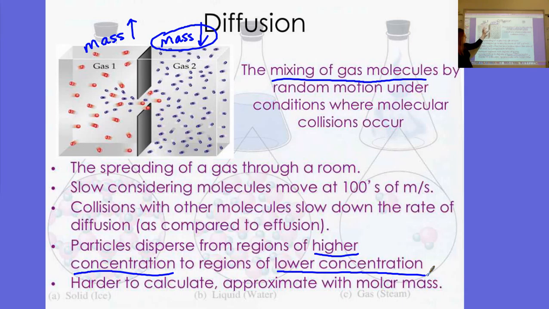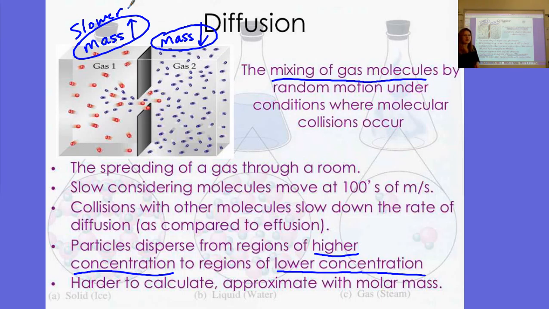If all the gas 1 particles are on the left side, that's highly concentrated of gas 1, it's going to have the natural tendency to mix with gas 2. We won't be doing any exact calculations, but we're just going to assume that the thing with the higher mass is going to move a little bit slower than something with lower mass.